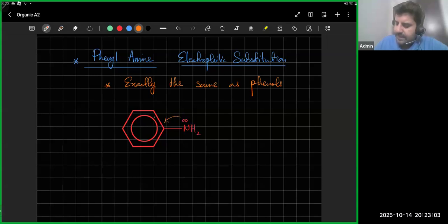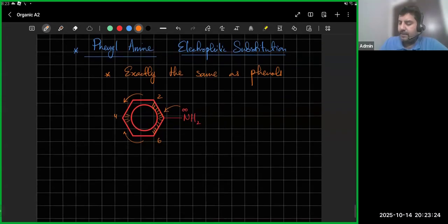The lone pair overlaps, and you get a much higher electron density at positions 2, 4, 6. The other electrons all get repelled, and they accumulate on the other side. So it's exactly the same as phenols.